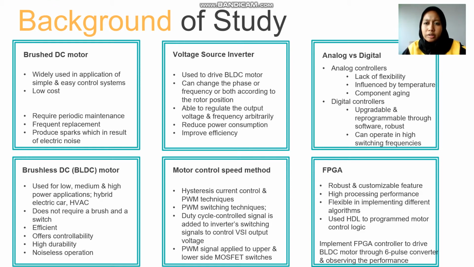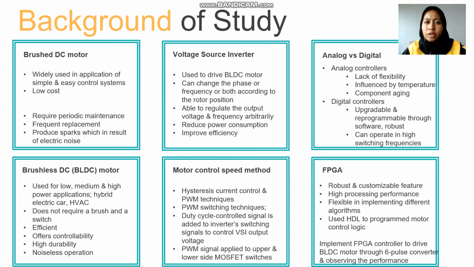Next, analog versus digital controller. There are few disadvantages of analog controller, which are lack of flexibility, and being influenced by temperature and component aging. Digital controllers, on the other hand, offer upgradable and reprogrammable feature through software. It is also robust and can operate in high switching frequency.